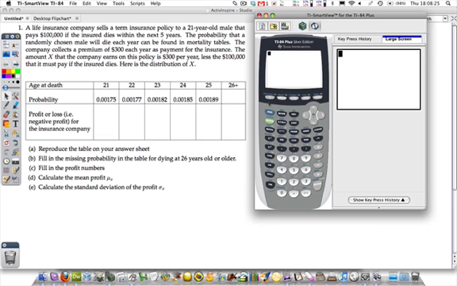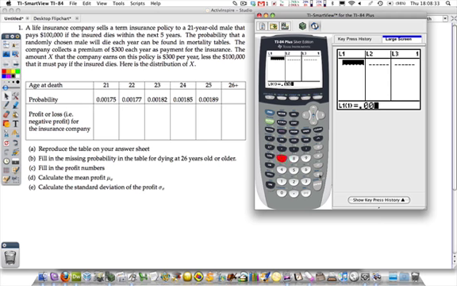Now, it's going to be quite useful to use lists. So I'm going to go into the list editor, and I'm going to put the probabilities in first. And I believe it was 0.99092 was that last probability.